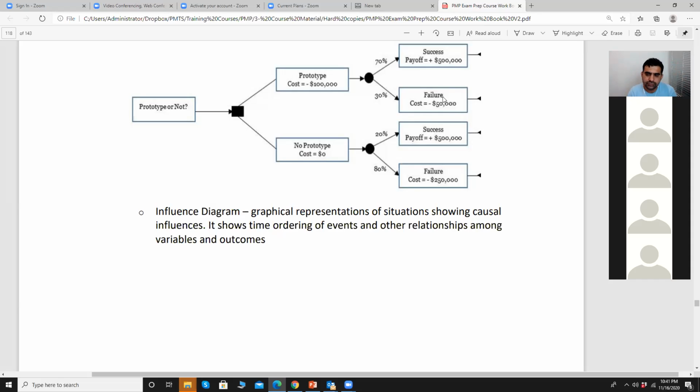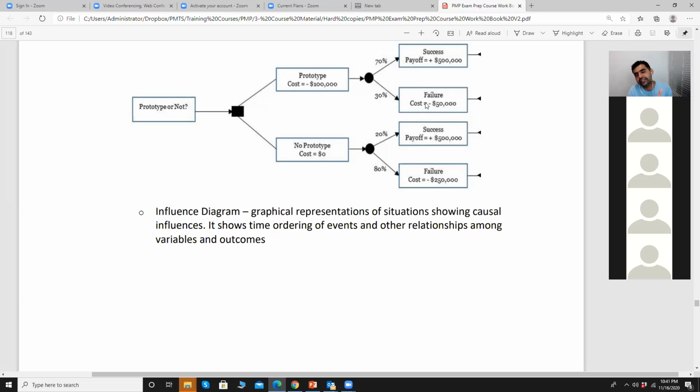And if you want to calculate it in terms of schedule, you can also do that. If you're calculating it in terms of money, it is called expected monetary value.